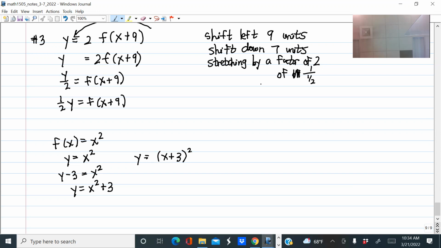Since it's x plus 3, you're going which way? Left. So that shifts the whole thing left 3 units. This shifts it up 3 units. You can think of this as subtracting 3 from y, but it's faster just to think, I'm taking the whole formula for f, which was x squared, and I'm just going to add 3 immediately to that.